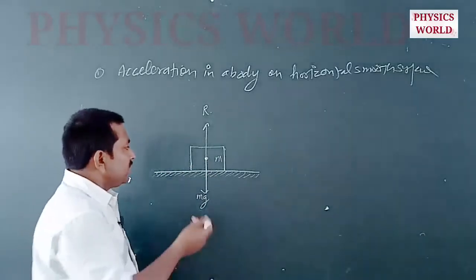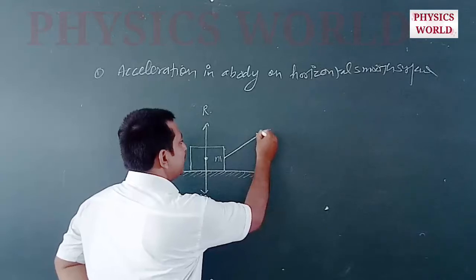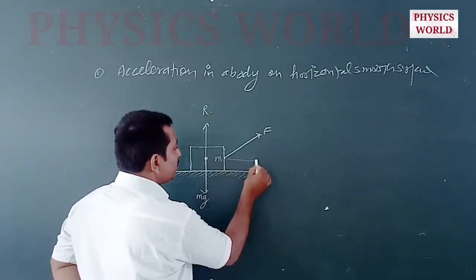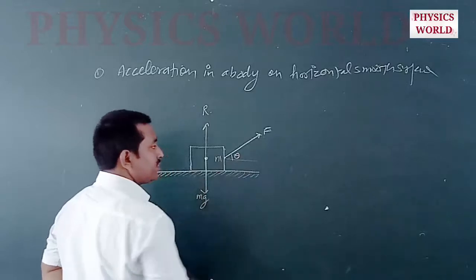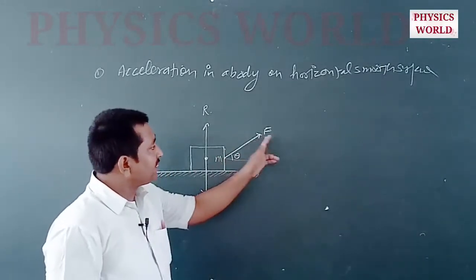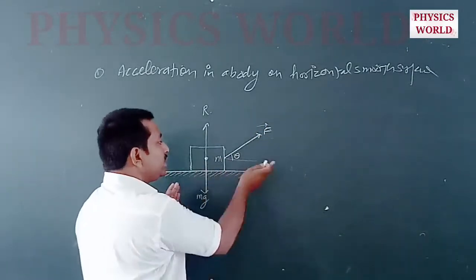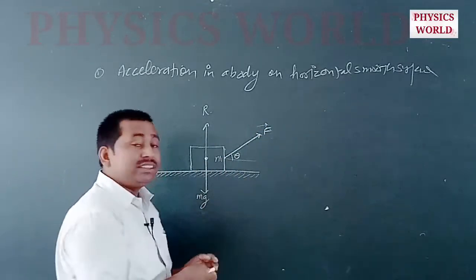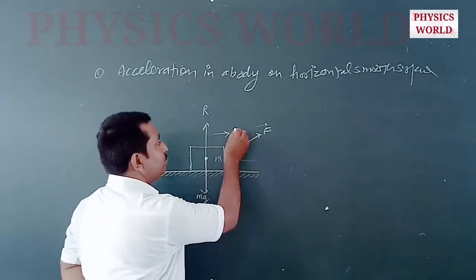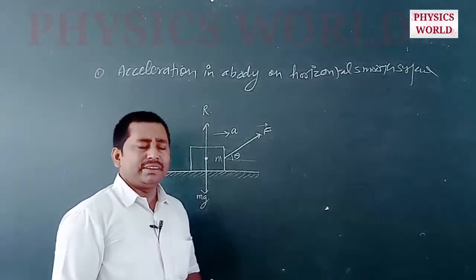So if we consider a force acting in a direction which makes some angle theta with the horizontal, and somebody applies some force F on this object to pull it over the surface, and the object moves towards F with an acceleration a, then what will happen?